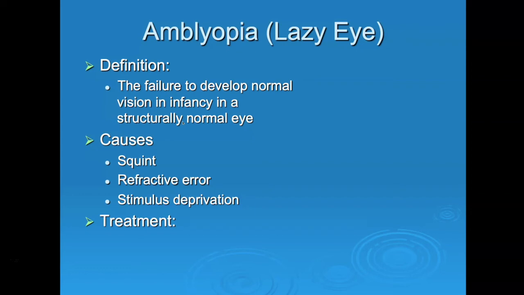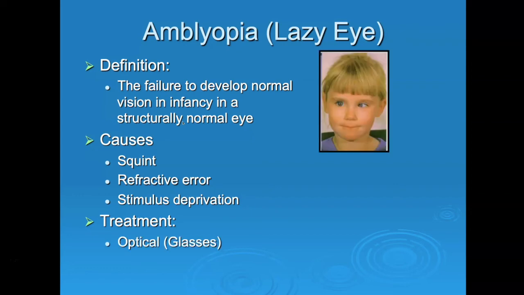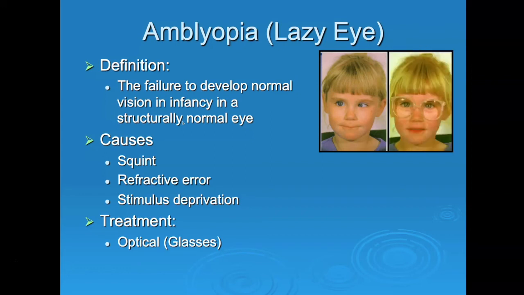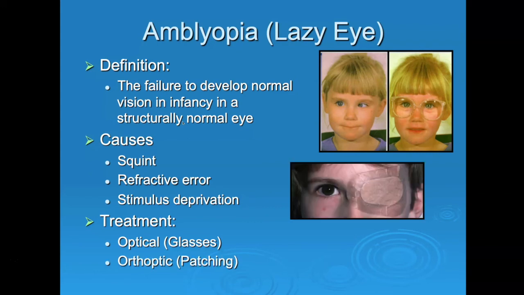The treatment for amblyopia needs to be commenced and completed in early childhood, and we use the 3 O's here. Sometimes glasses are all you need to treat a squint and the subsequent amblyopia caused by that squint.